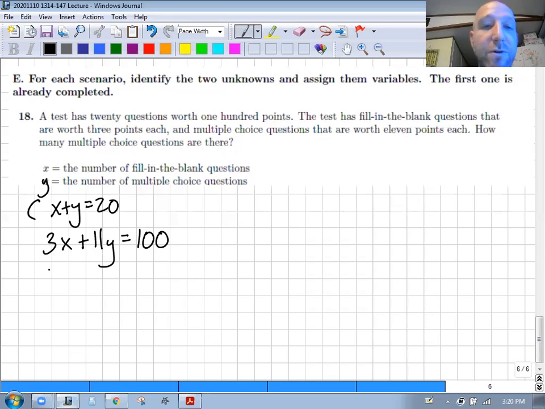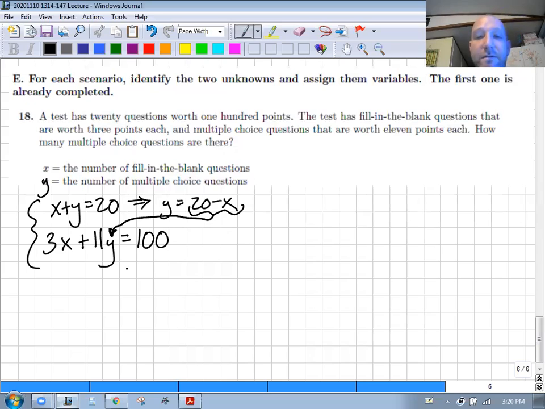So we got two equations here with two unknowns, which means we should be able to solve for them. Since they both have an x and a y, what we need to do is make one equation that only has an x or a y. So if we take this first one and rearrange it so we have y equals this, we could take this and cram it right there.